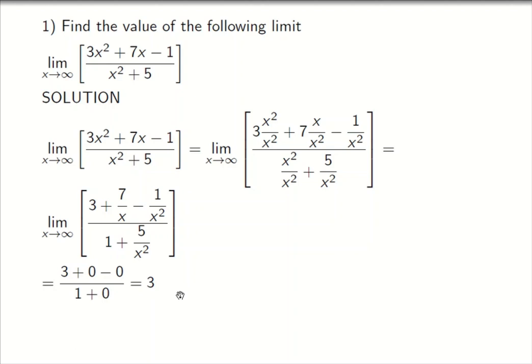You can also use L'Hopital's rule and check. If you use L'Hopital's rule, you get 6x plus 7 over 2x. Still, if I put infinity in, I'll get infinity over infinity, so I differentiate again.